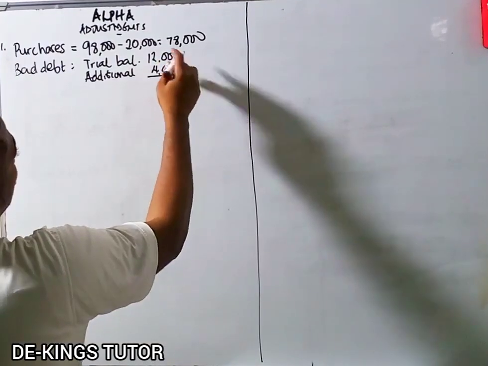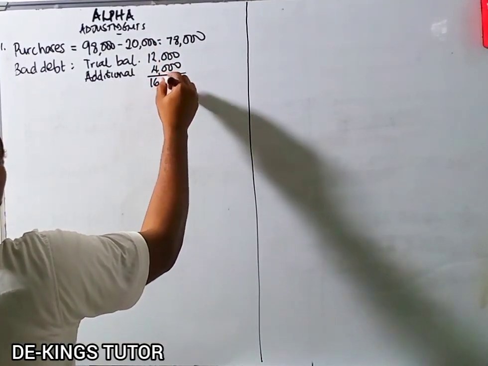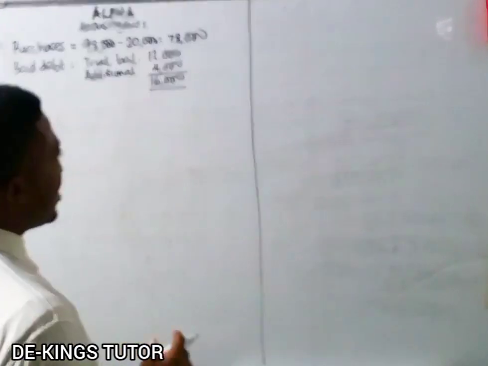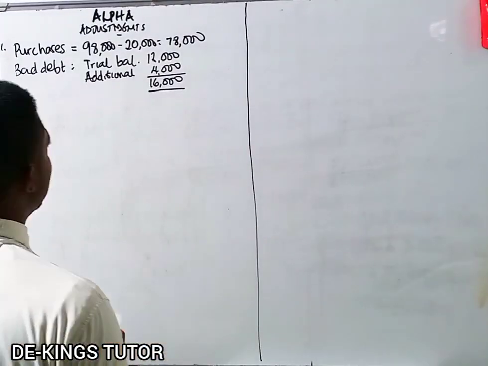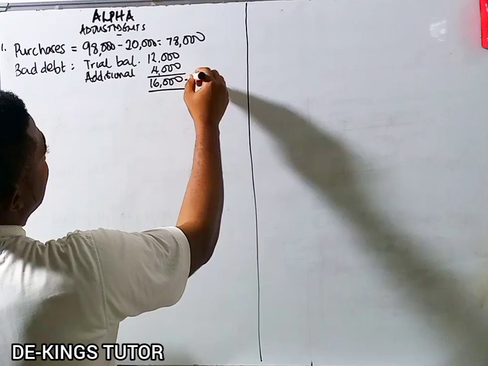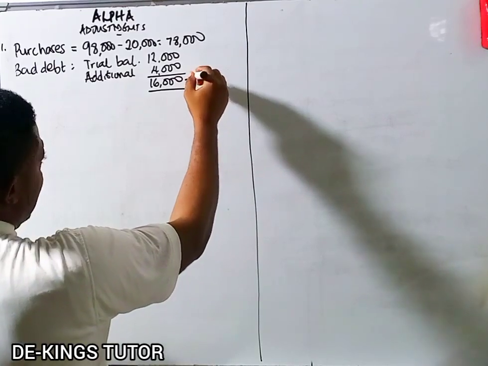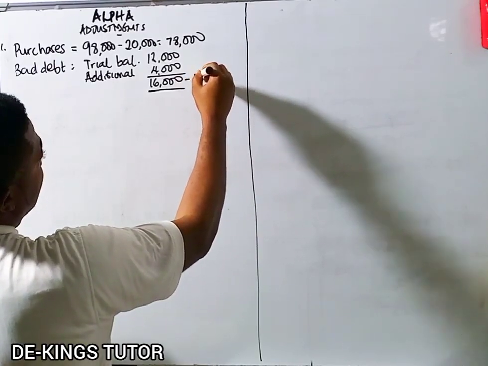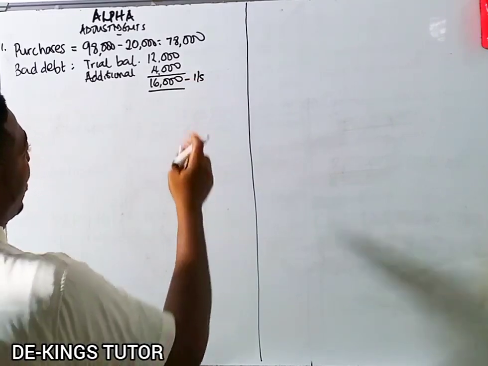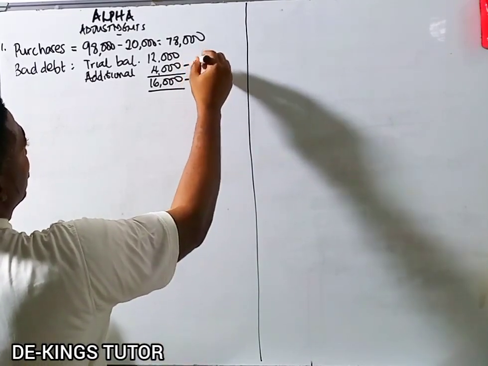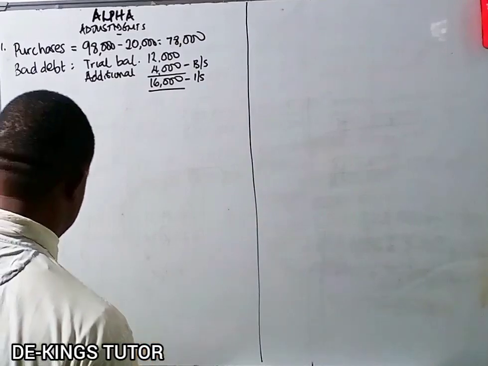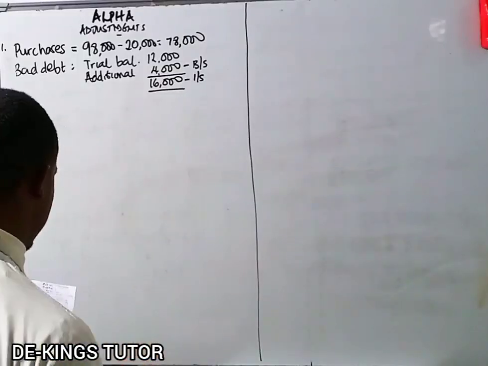So we have 12,000 plus 4,000 which gives us 16,000. Now I'll be writing where you post this to. The 16,000 will be posted to the expenses side in the income statement, while this 4,000 will go to the balance sheet or the statement of financial position, whichever.